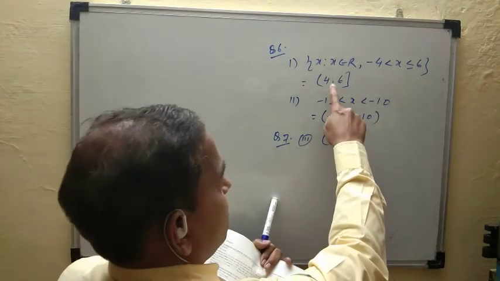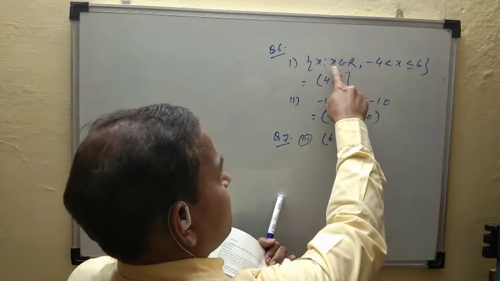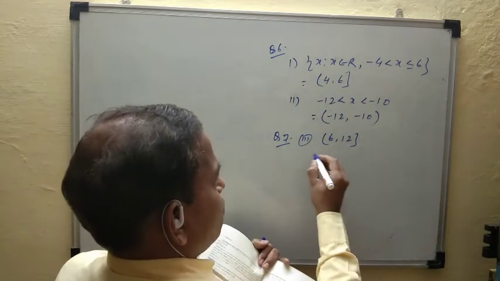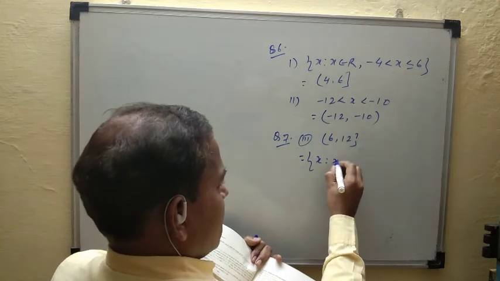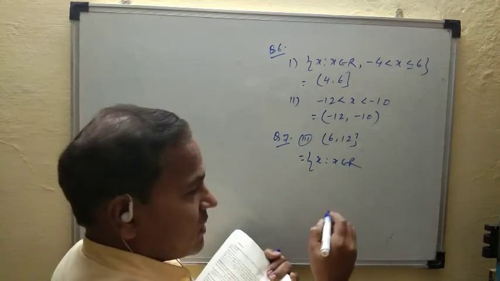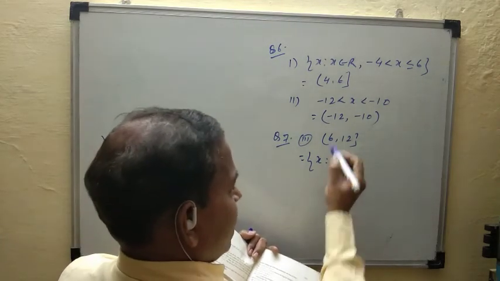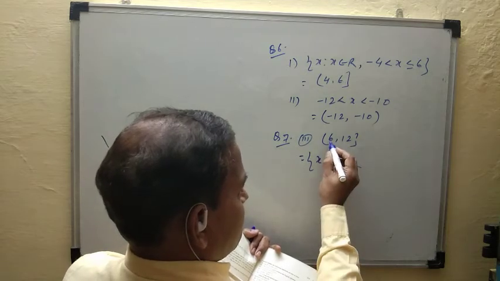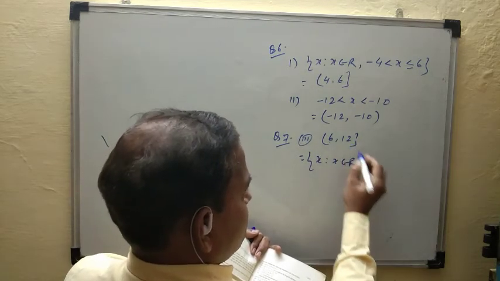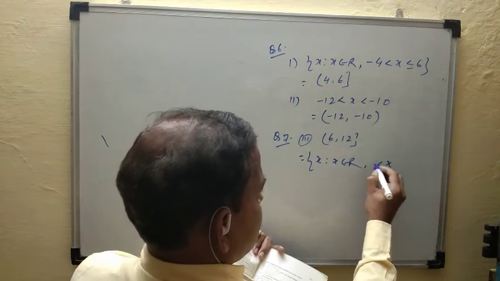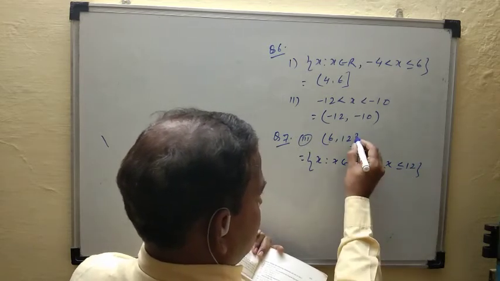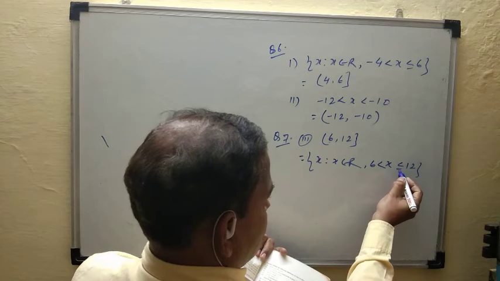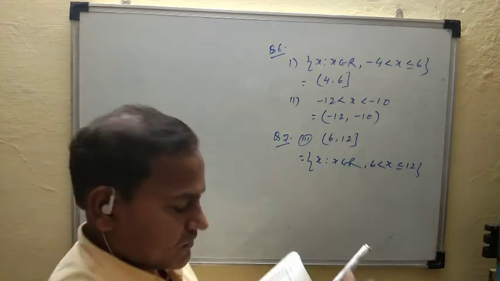How would you write it? Write x such that x belongs to R, comma. Now define the value of x. So x is greater than 6 and less than or equal to 12. Here equal to, because the bracket is closed. So write the sign equal to here.